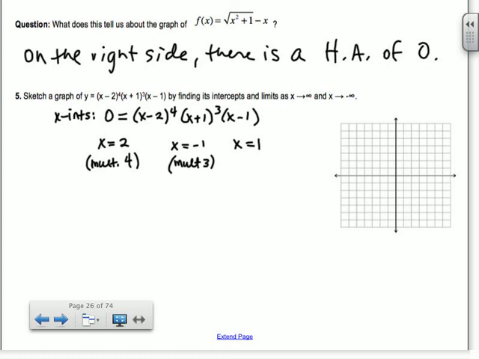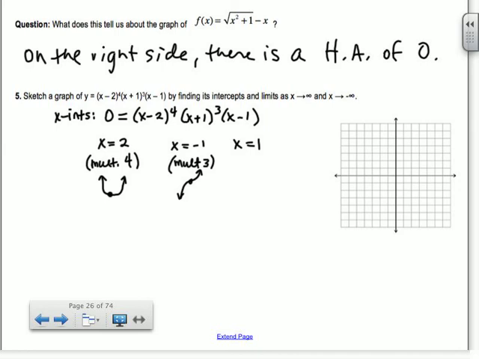So if I zoom in on that particular root, the multiplicity tells you what kind of shape it is at that root. So if it has multiplicity 4, that means at 2, you're going to look like a quartic function, so degree 4. If you have multiplicity 3, you're going to look like a cubic function at negative 1. Okay, so that's going to kind of help us out a little bit too.